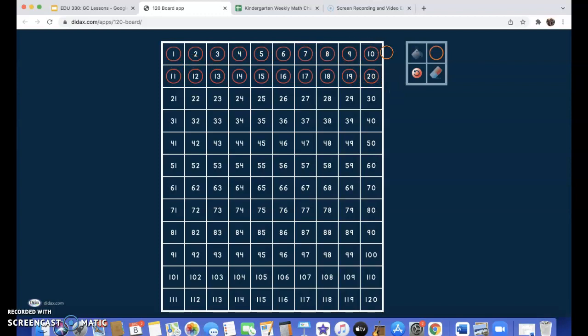So all of the numbers with the red ring around them are in standard order from 1 all the way to 20.